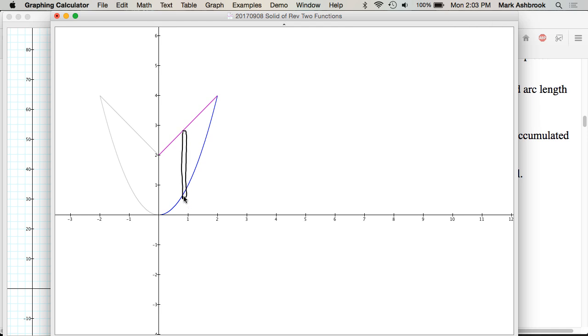It would be what you would get if you took that and rotated around the y-axis. That would give you one of the cylinders that will fill this thing up. So when you rotate that around, you get something that looks like this. Okay?